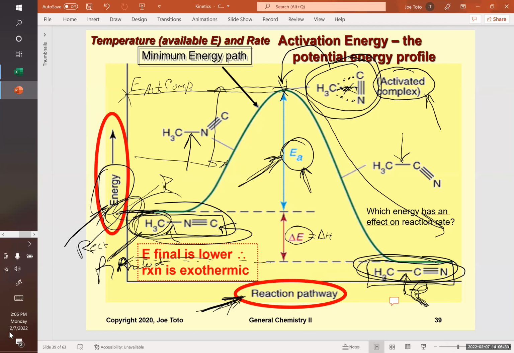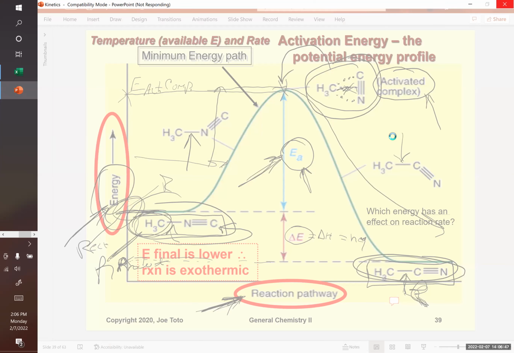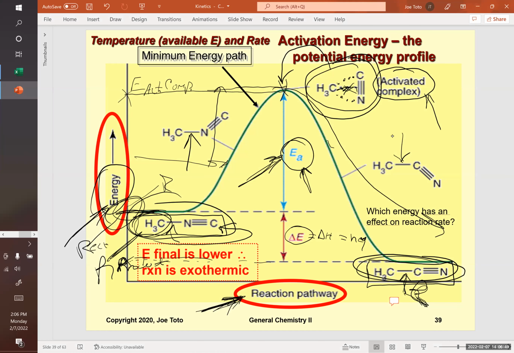So final minus initial, this is going to be negative. And that makes sense because it's exothermic. If it went through an activation barrier and the product energy ended up somewhere up here, then it would be endothermic. And final minus initial would give me a positive number, and delta H would be positive.